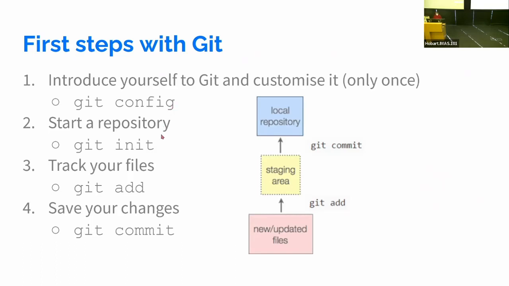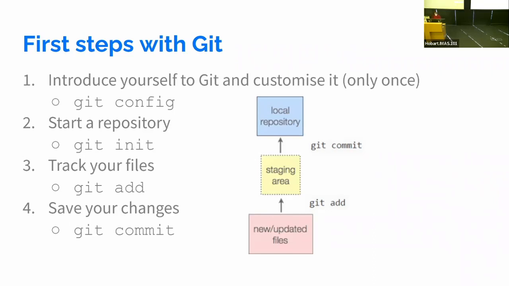Then when we want to start tracking changes, we use git init. So git initialize, we use it only once when we start our version control. And then every time that we want to track any changes or any files that need tracking, we use git add, because we're adding a file to our version control system.